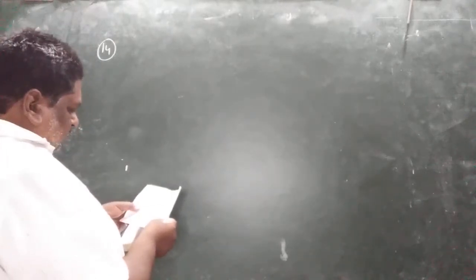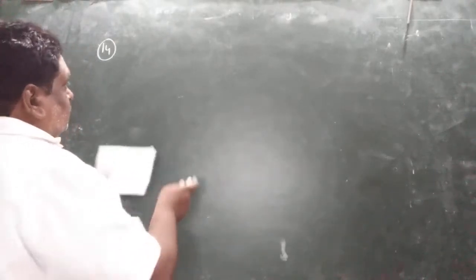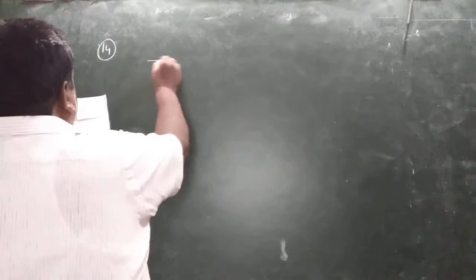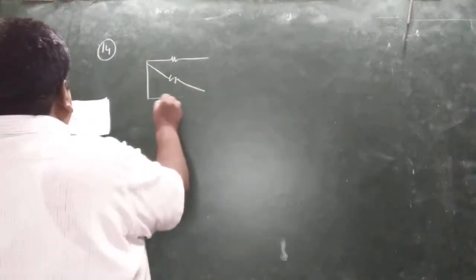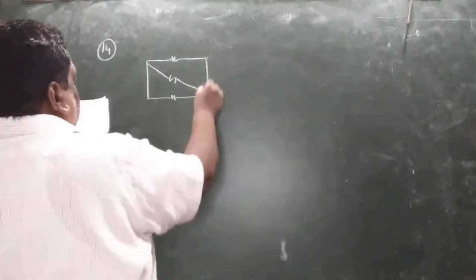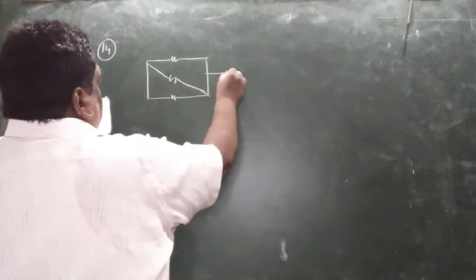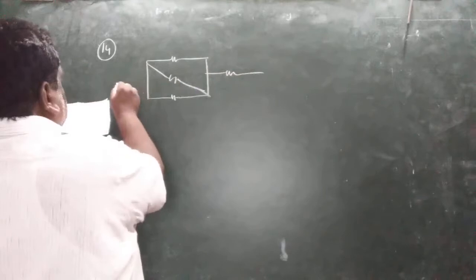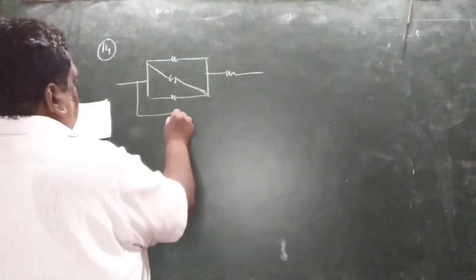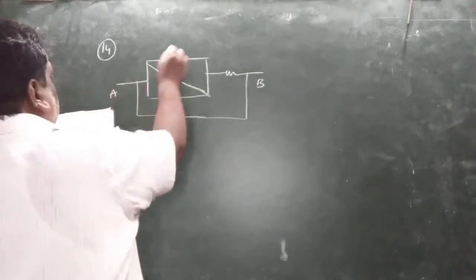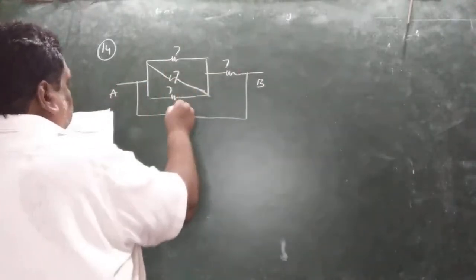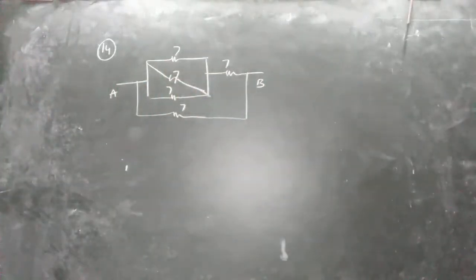Here all are 7 ohms, so find the resultant resistance between the points. R is 7, 7, 7 ohms. What is the equivalent?